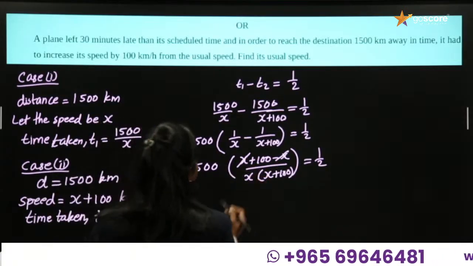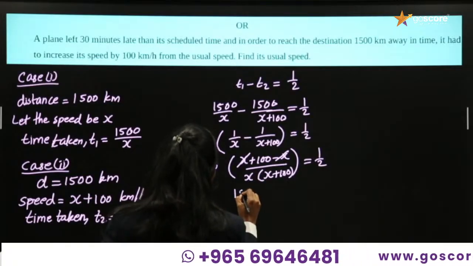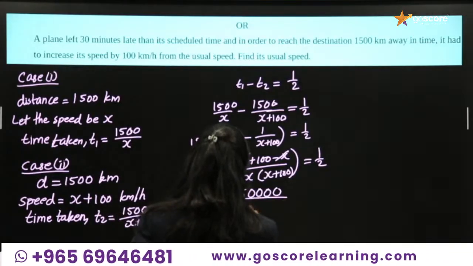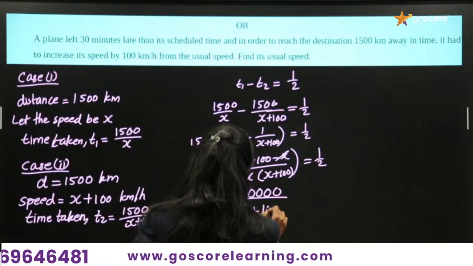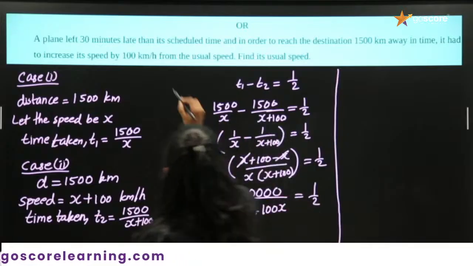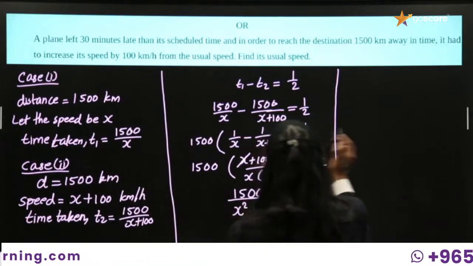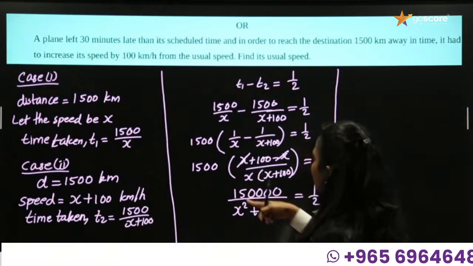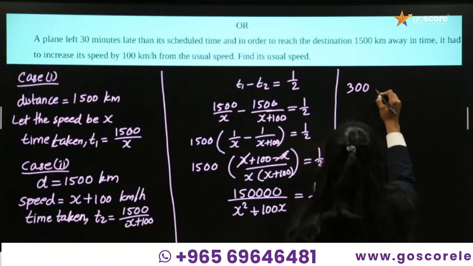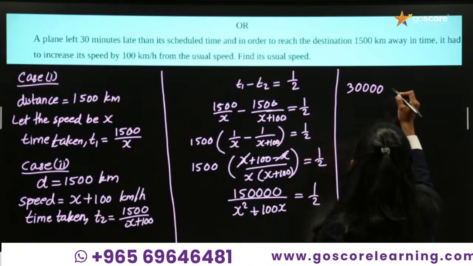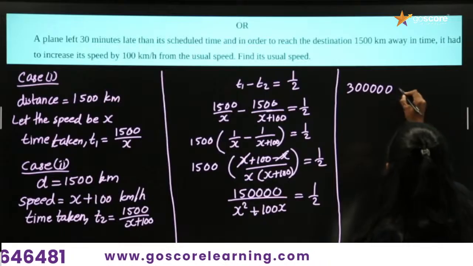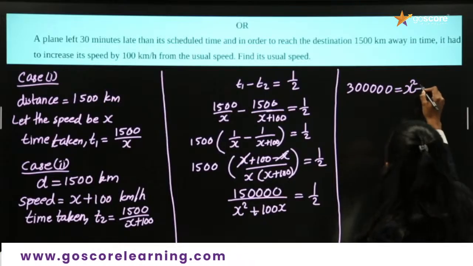Now 1500 into 100 is 1,50,000 divided by x square plus 100x is equal to 1 by 2. Again cross multiplying, 2 into 1,50,000 will become 3 lakh, 3 and 5 zeros, equal to x square plus 100x.